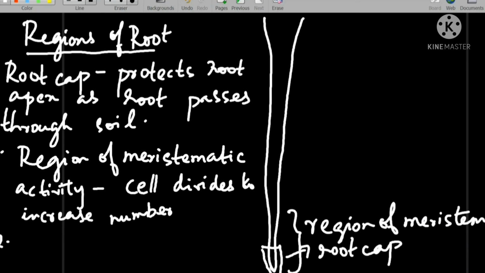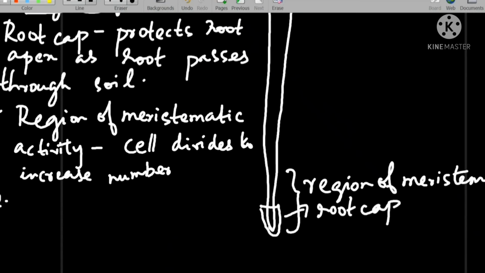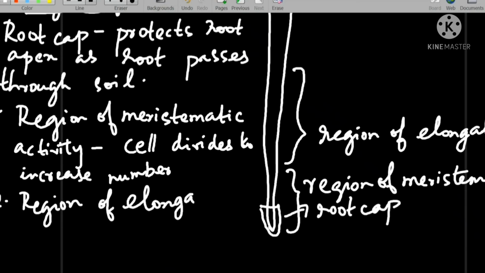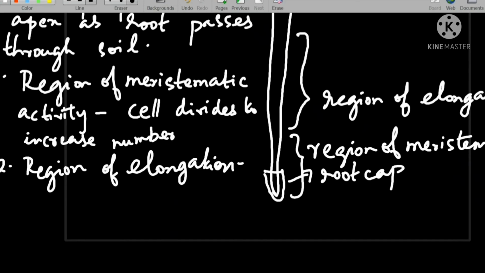The next is region of elongation. So region of elongation contains cells that elongate, or they become long.